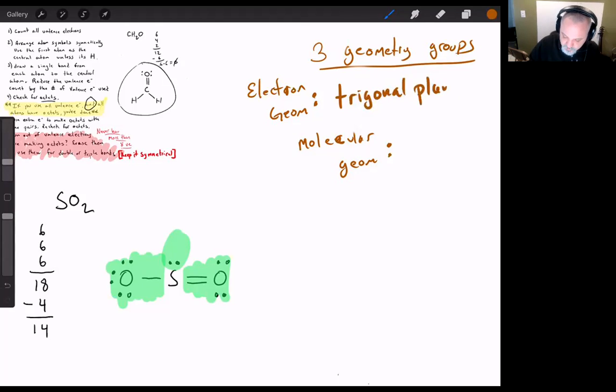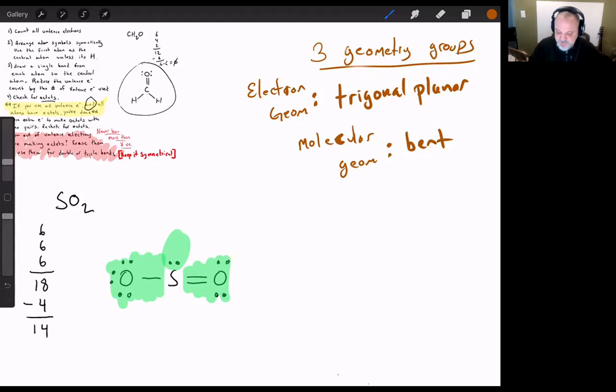Trigonal planar. Okay, with one lone pair in the trigonal planar electron geometry, what's the molecular geometry? Yeah, it's bent.